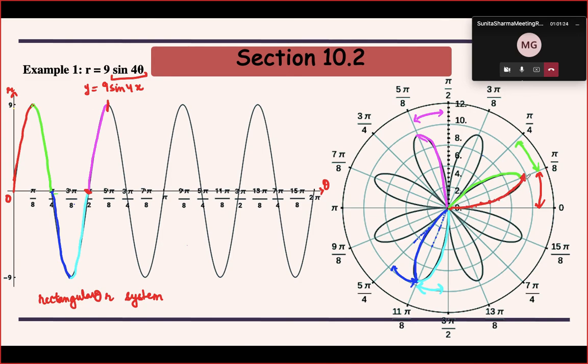Okay, and at pi by 8 it is 9. After pi by 8 your function is decreasing from 9 to 0. Okay, and angle changes from pi by 8 to pi by 4. So next portion you take here, pi by 8 to pi by 4. Here your values are decreasing from 9 to 0.